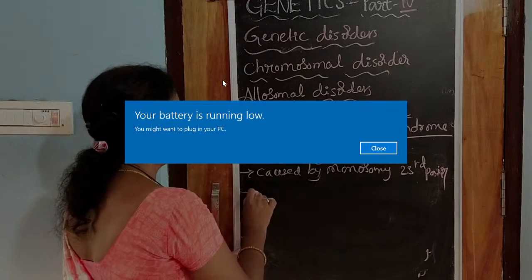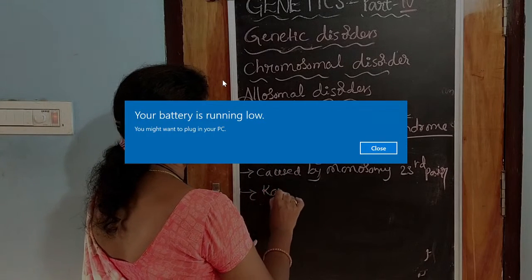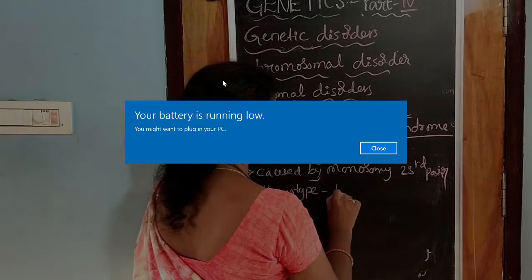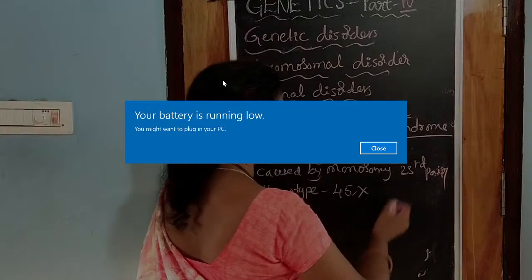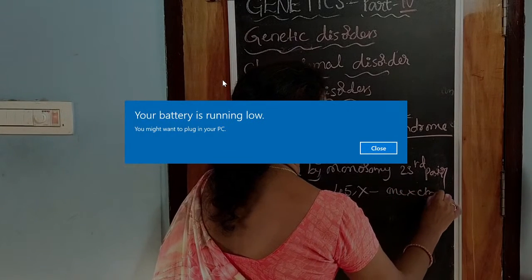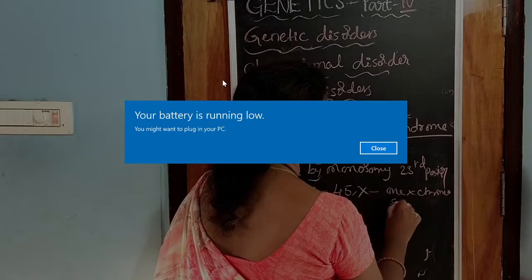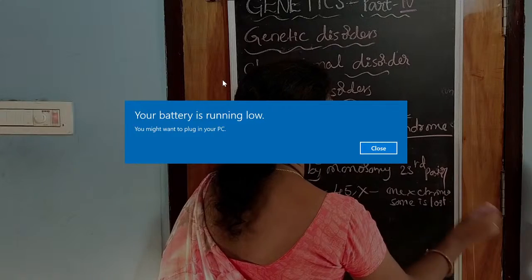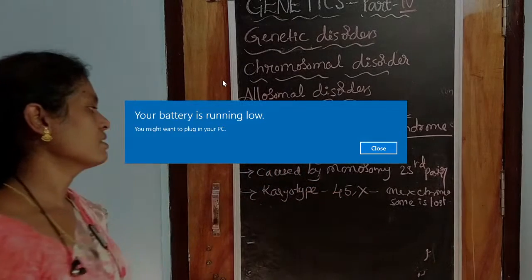The karyotype is 45 X. So here one X chromosome is lost.